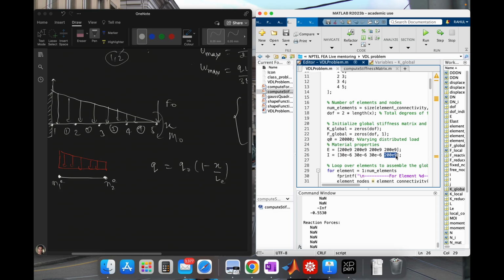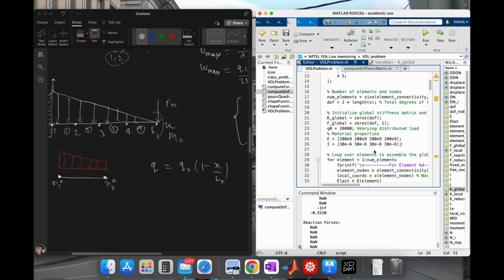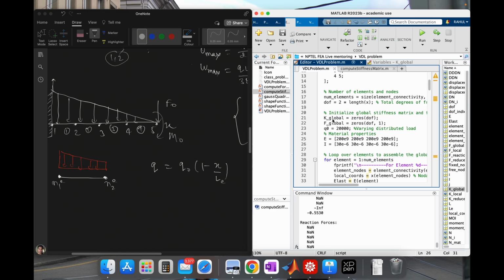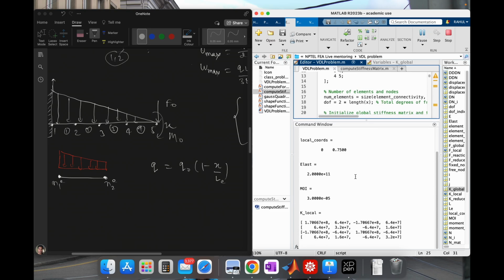If I take the value 200 E9, then there will be a mismatch because of the power of 10. That's why this kind of error is coming out. So we need to take care of all this while running the code. Now we will see the result.